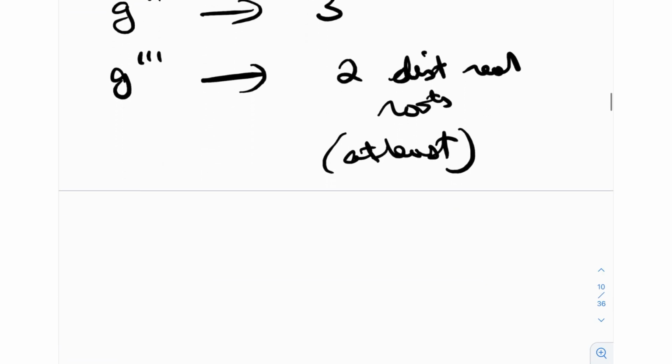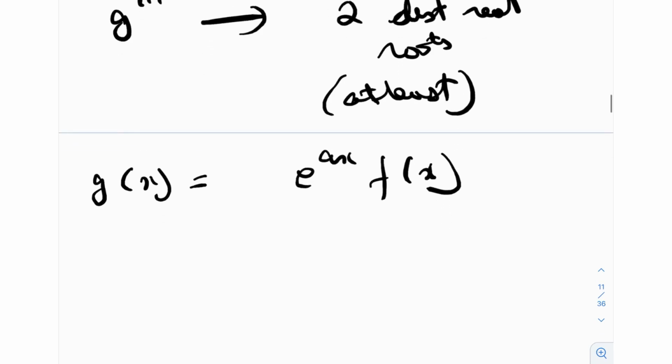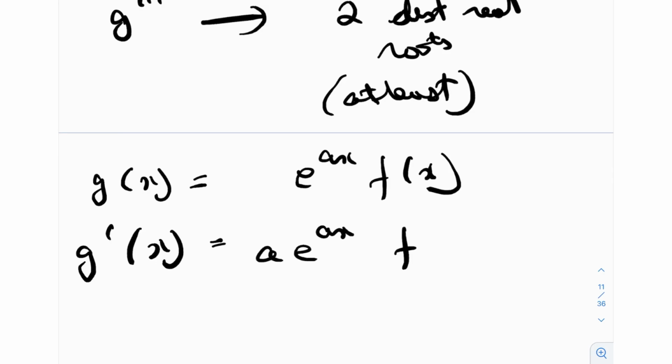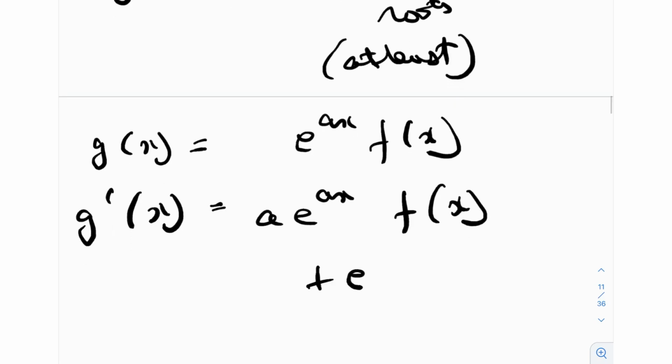Okay, great. So let's proceed with differentiating this. g of x was e raised to power ax times f of x, and let's differentiate this. We use the product rule, so you will get a times e raised to power ax times f of x, plus e raised to power ax times f prime x.